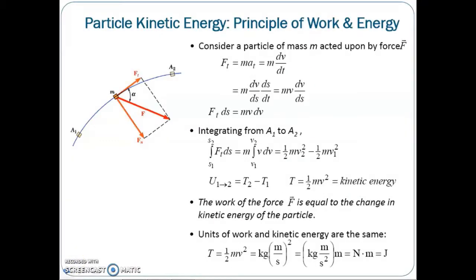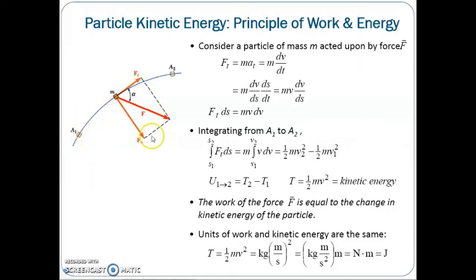Next, the kinetic energy of particles and how we derive the principle of work and energy. We consider a particle of mass m acted upon by a force F and moving along a path which is either rectilinear or curvilinear.